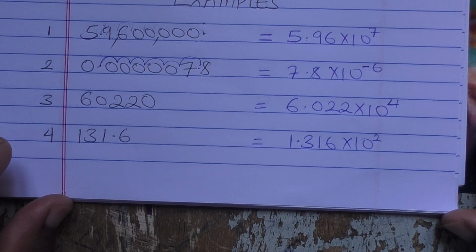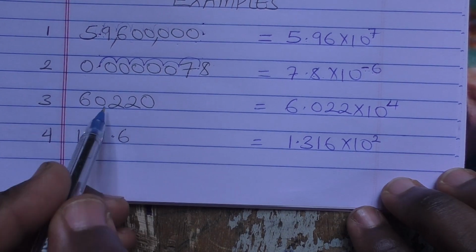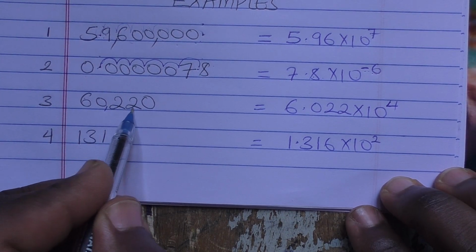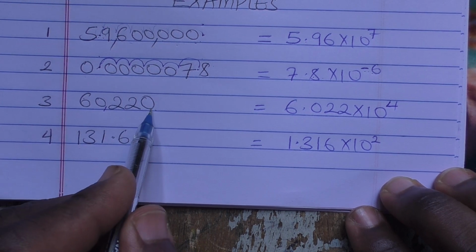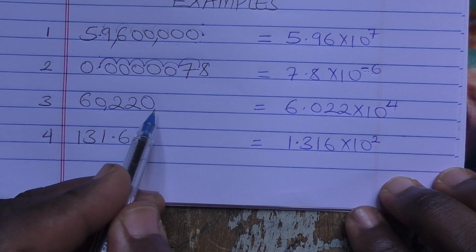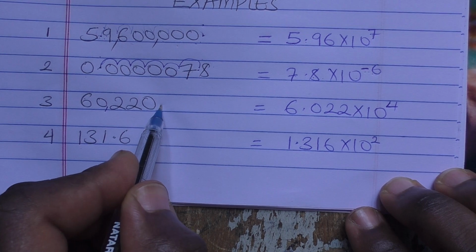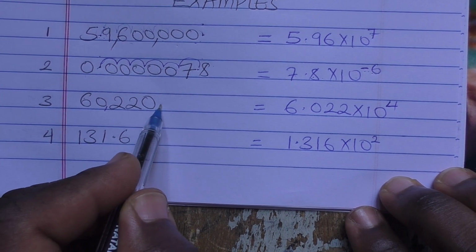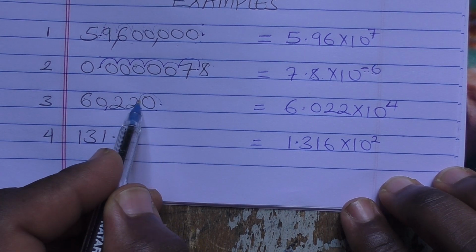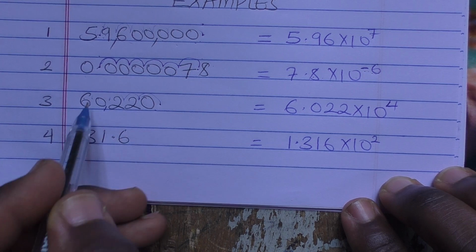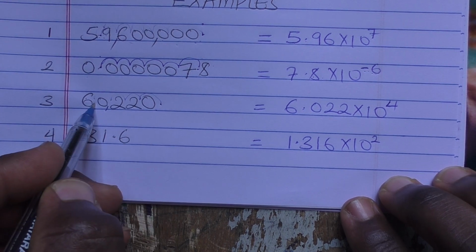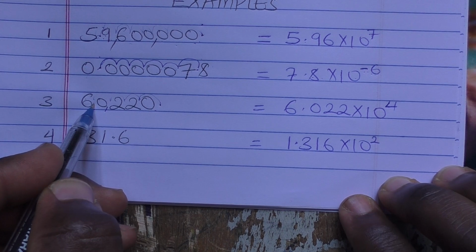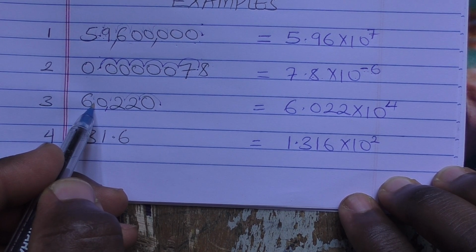Number 3. We have 60,220. In this, we don't have a point, but we shall introduce the point at the end. And then start moving our point 1, 2, 3, 4, until we are left with one number on the left of the point, and that number should not be a 0.